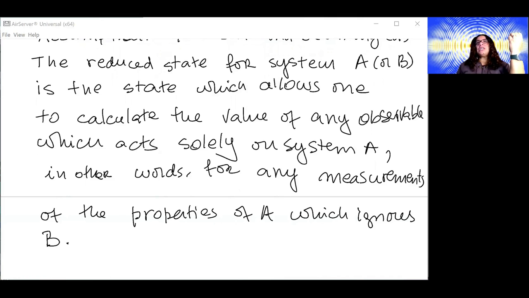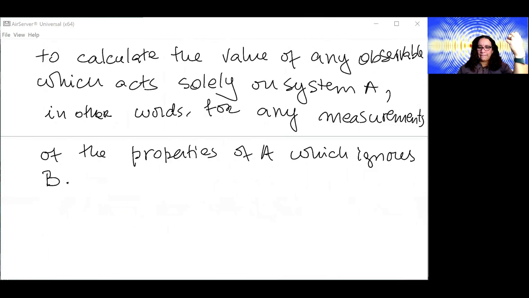So what we wish is we want to ignore B, but the difficulty is that A and B are entangled. So you need to have a reduced state. You need to find a way to remove that information. You need to measure the properties of A, ignoring B, or the other way around, but they are entangled from the start. So what are you going to do?